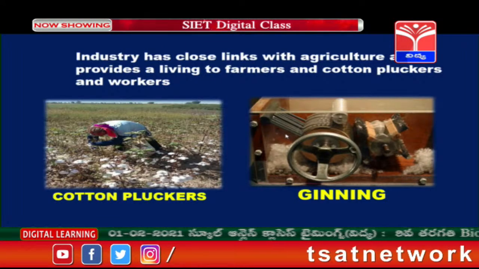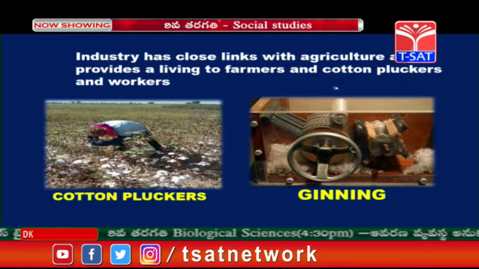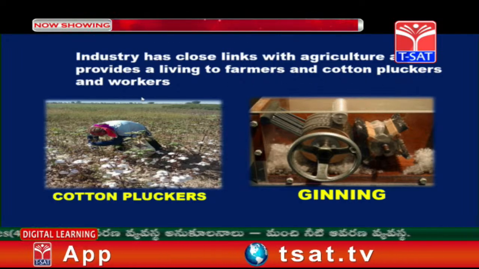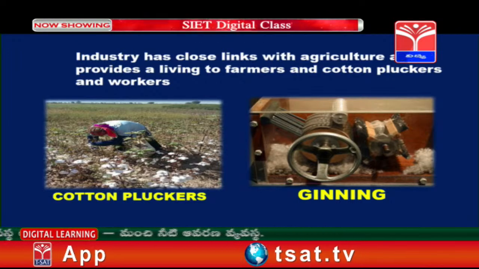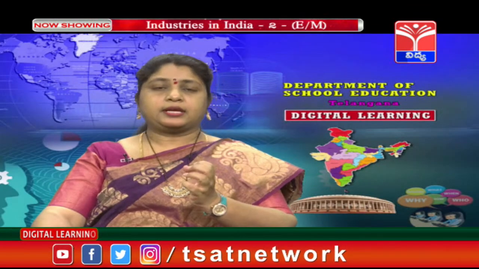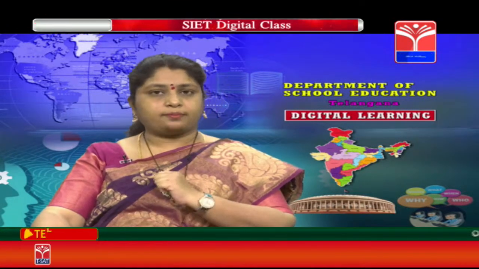Industry has close links with agriculture and provides a living to farmers and cotton pluckers and workers. So cotton textile industry is not only producing the goods but also providing a lot of employment opportunities for many workers, even to the farmers. How is it giving opportunity to farmers?